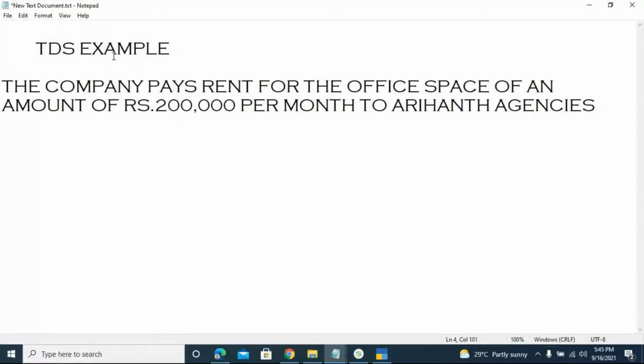Okay, so our company is paying rent for the office space which is given on rent of an amount of 2 lakh per month to Arihant agencies, subject to TDS at 10%.